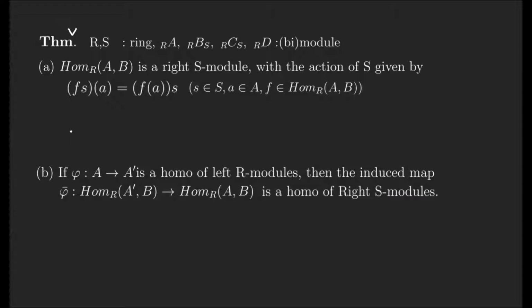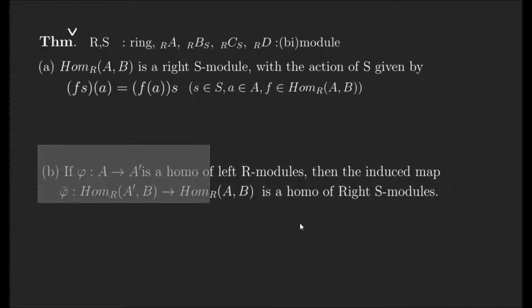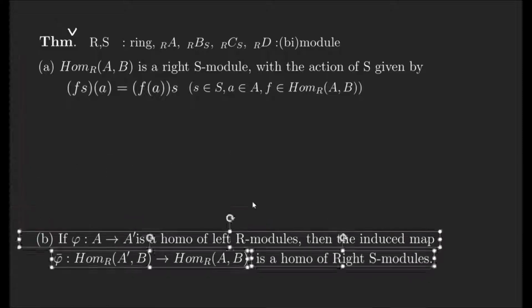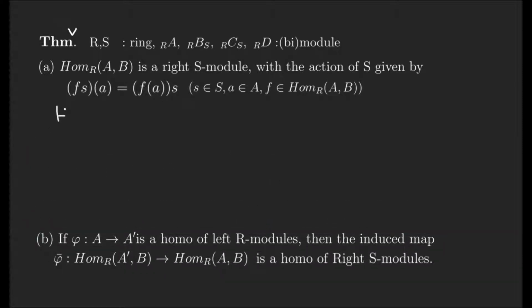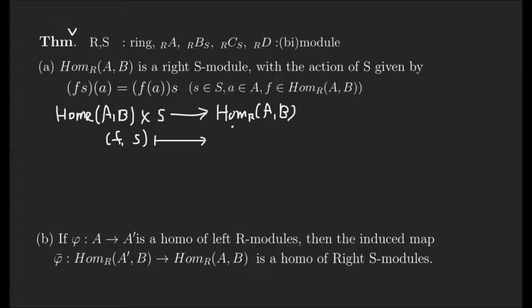This means: consider Hom_R(A, B) and s in S. In this case, we consider the map f and s goes to fs. But our claim is that this fs is contained in Hom_R(A, B).